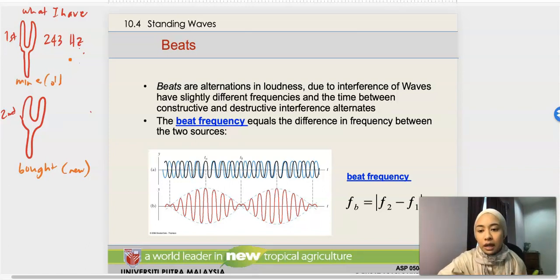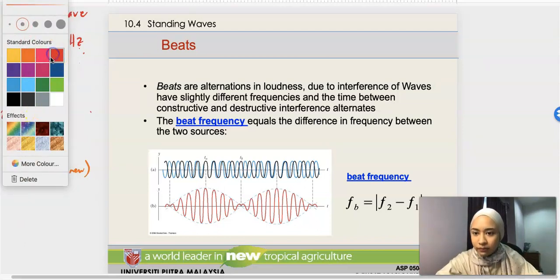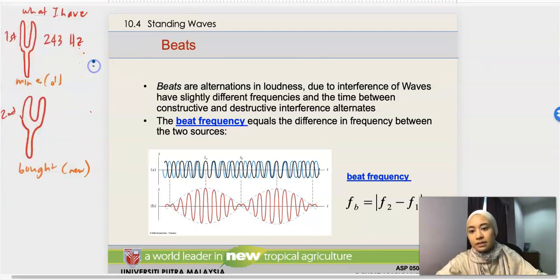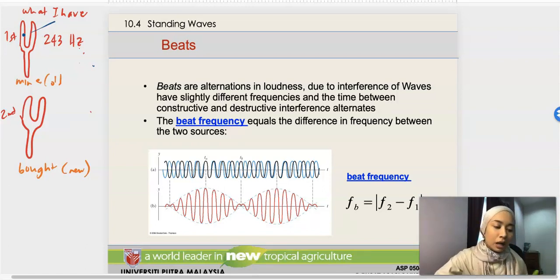So I bought the new one and I took it home and I tried to play both of these tuning forks next to each other. I take a stick to make it sound. I go ting for the first one, the one that I own. So I hear a sound. I don't know what the frequency is because my ear is not robotic, but I know for a fact that it is 243 Hz based on the specification.